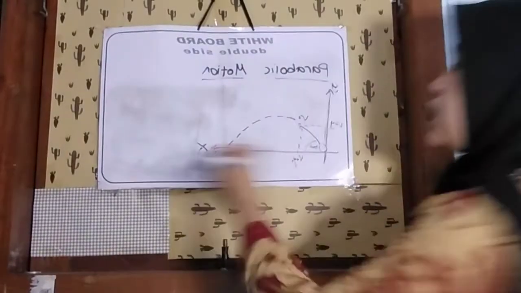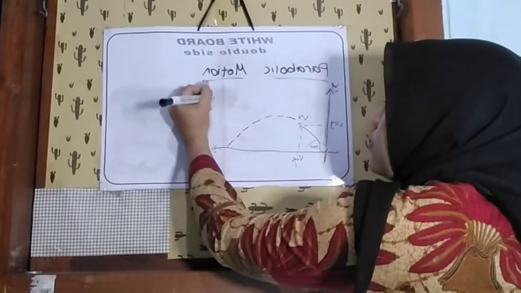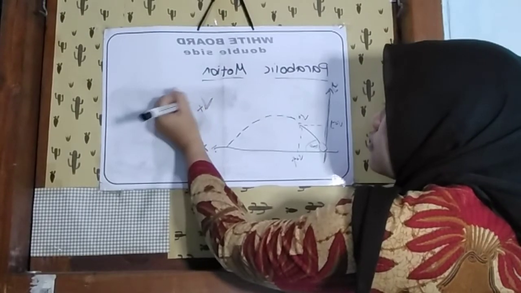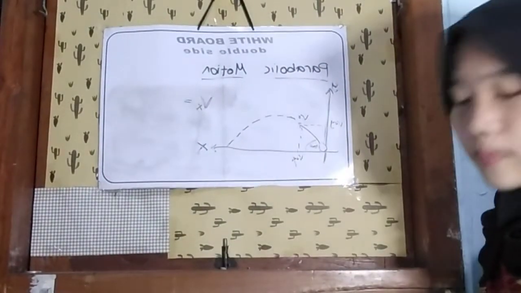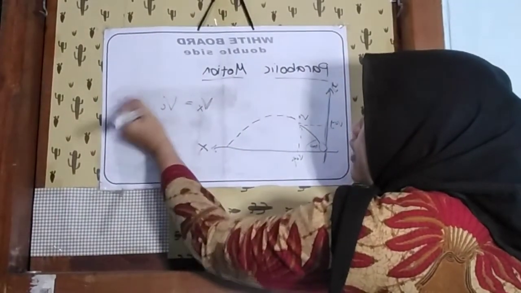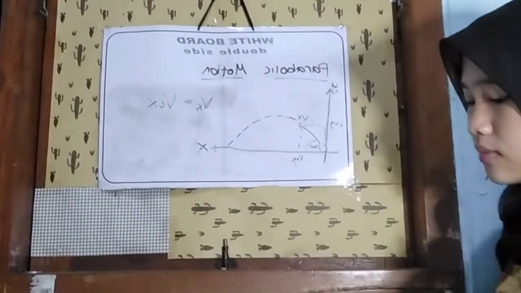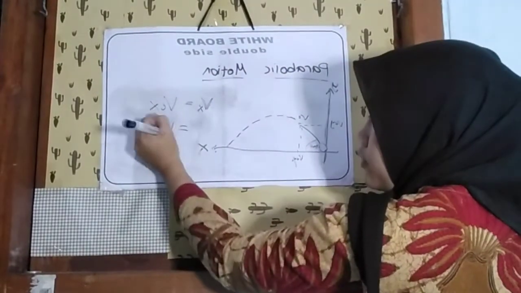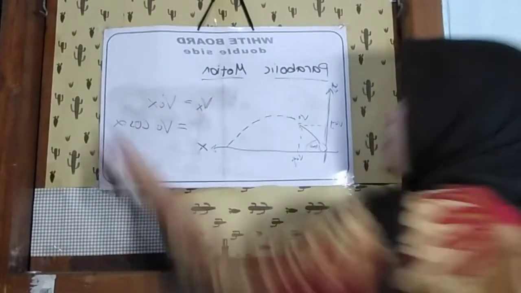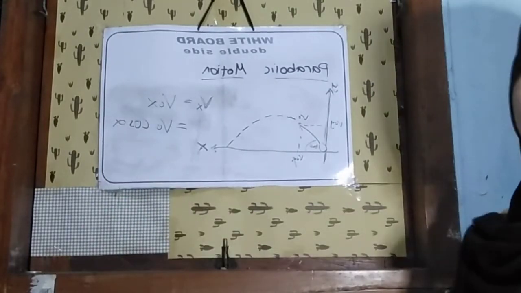So on the x line, Vx equals V0x, which equals V0 cos alpha, because it is constant.